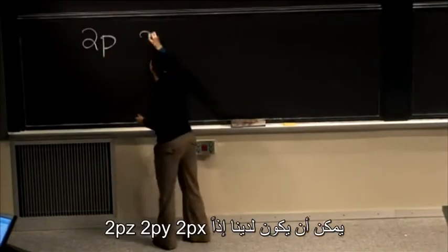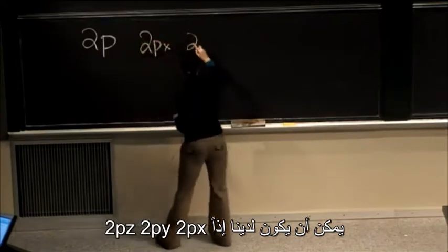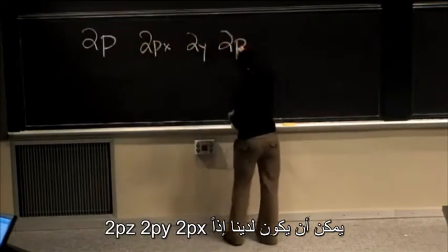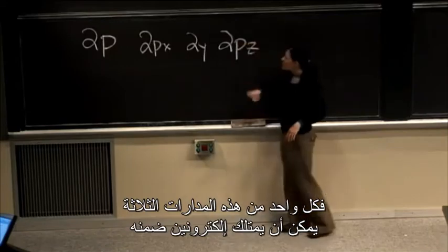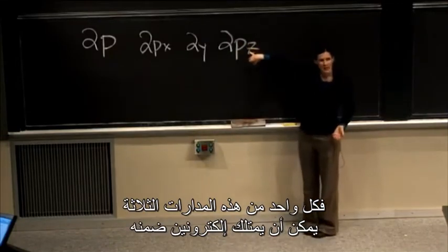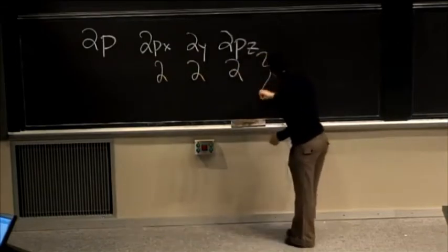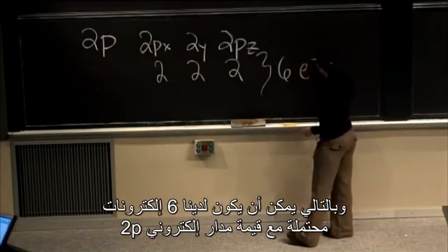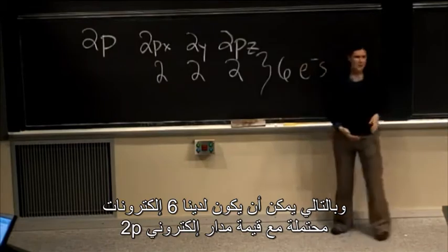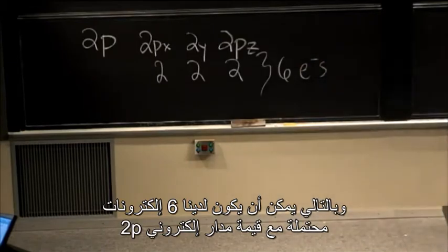So we can have the 2px, 2py, and 2pz orbitals. Each of these orbitals can have 2 electrons in them. So we get 2 electrons here, here, and here. So we end up with a total of 6 electrons that are possible that have that 2p orbital value.